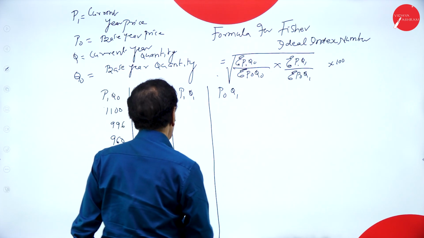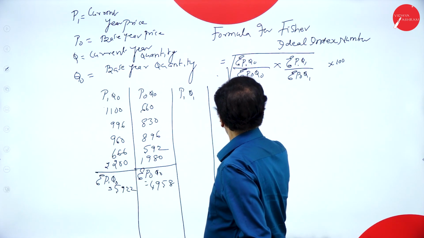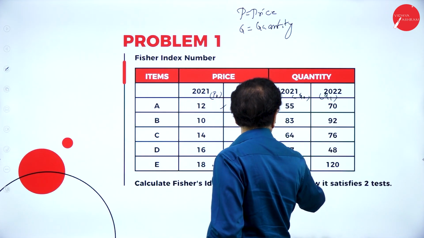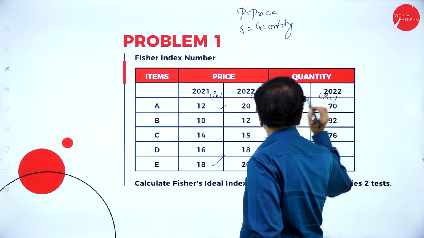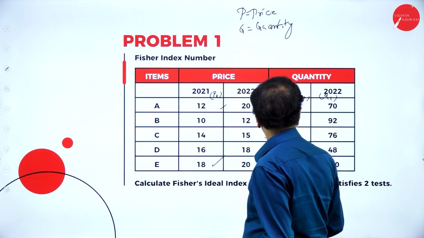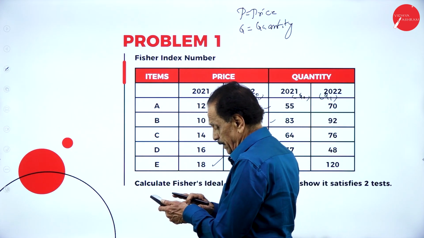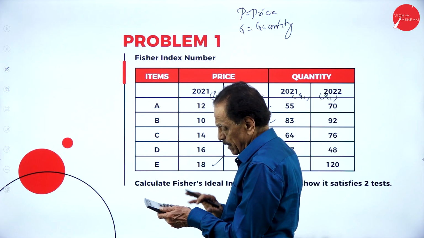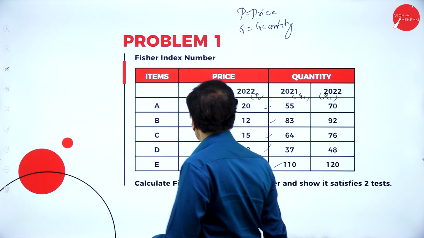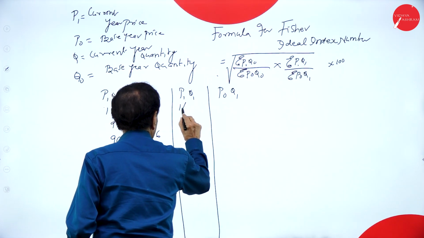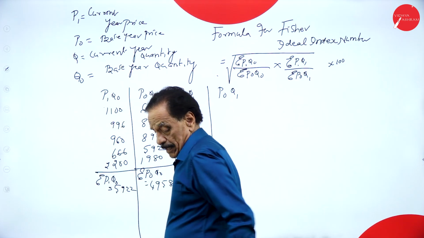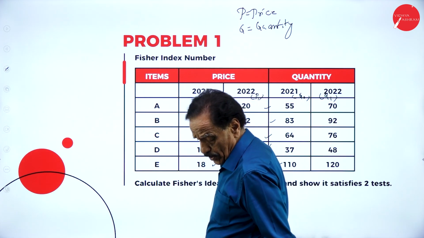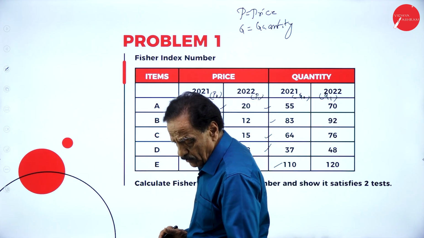Then P1 Q1. This is P1 Q1. First one, 20 into 70, 1400. This over, 12 into 92, 1104.